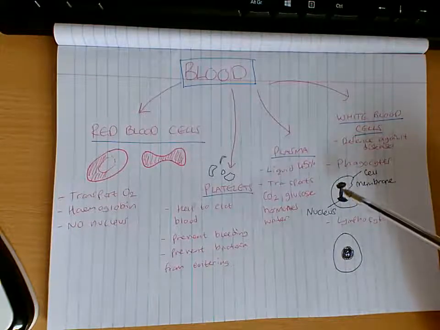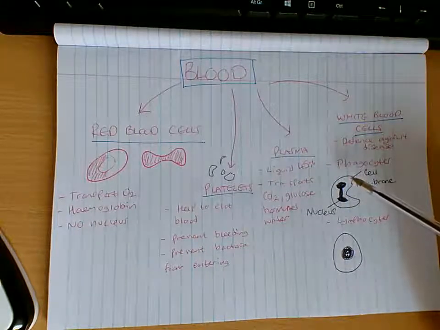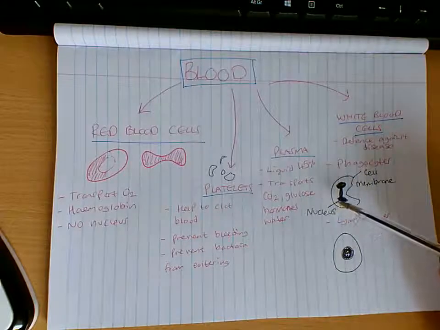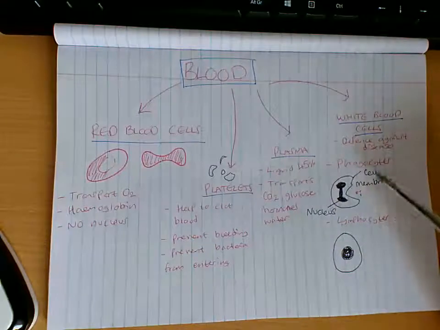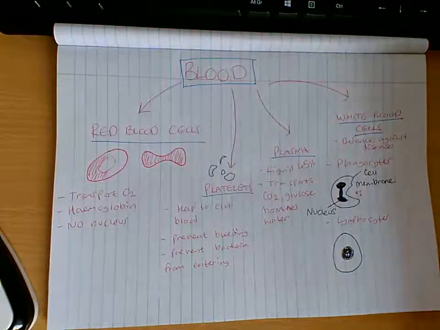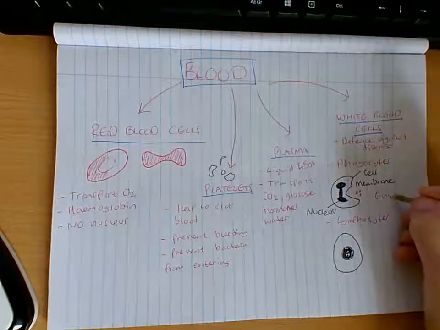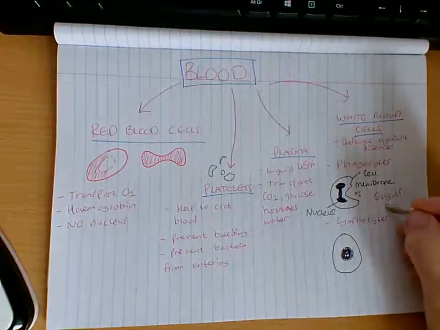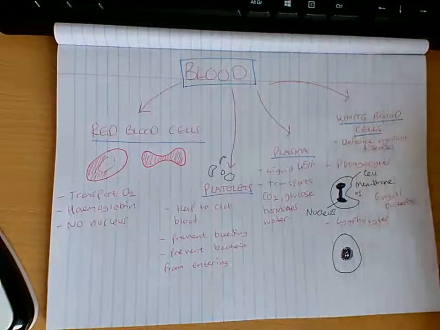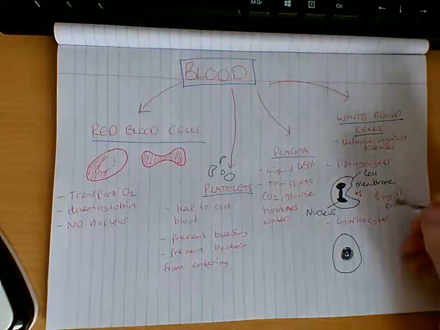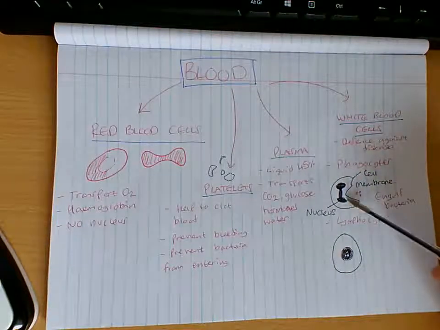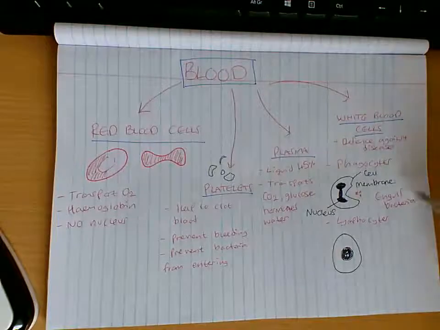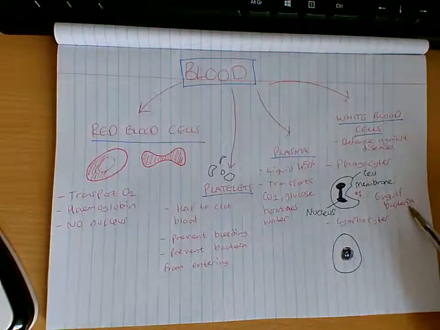It's got an irregular shaped nucleus, and I've labelled up the cell membrane, and I've labelled up the nucleus as well. Basically what it does, imagine these were bacteria, is they can change their shape and they engulf bacteria. So don't say things like they eat bacteria, but they basically engulf them and they digest them, which then destroys the bacteria. So they can no longer cause any harm in the body.